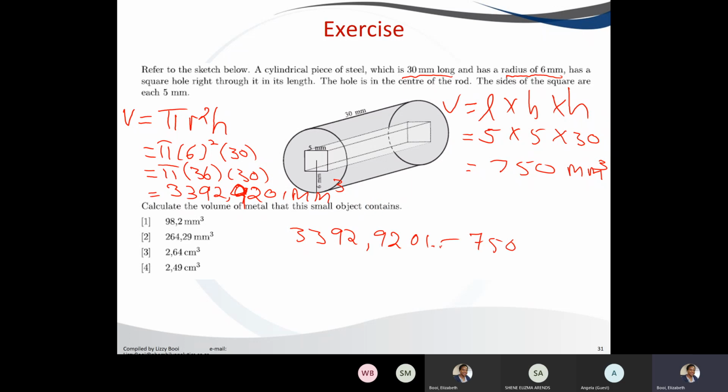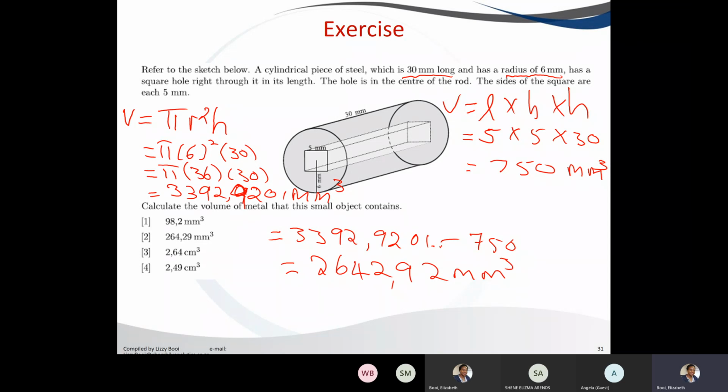I'm not sure about all the digits, so you should check all your digits. The answer from calculating that is 2642.92. I'm just going to leave it in 2 decimal places, and that will be in millimeter cubed.